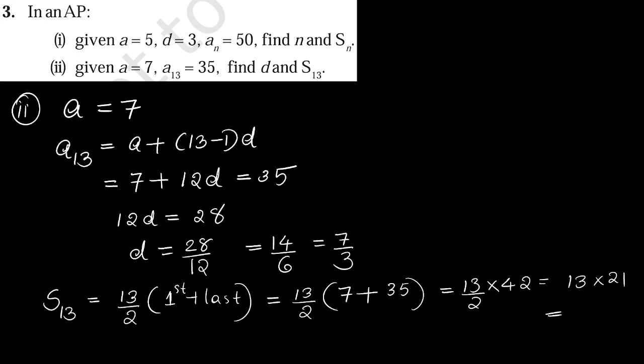Calculation I don't want to discuss. So what is the product? 13 into 21 is 273. 273 is the answer.